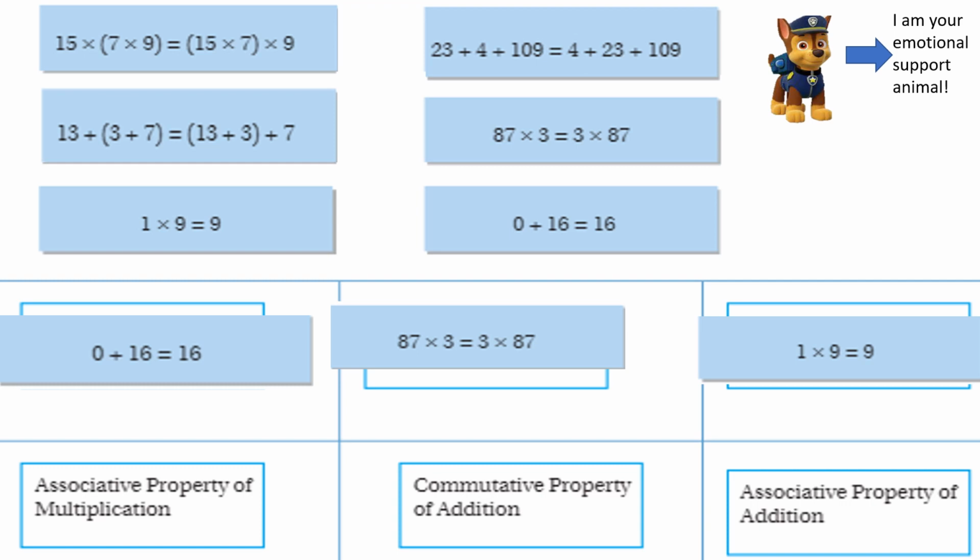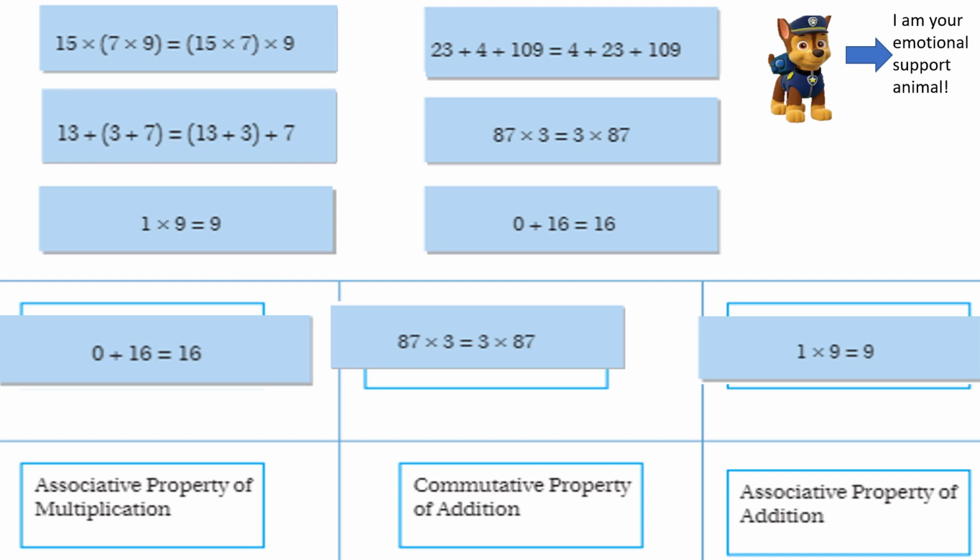Commutative property of addition. Just like everything else we've done, it's the same thing, but with addition. So at the top right of those blue boxes, we have 23 plus 4 plus 109. Wait, is that plus? Yeah, that's plus.